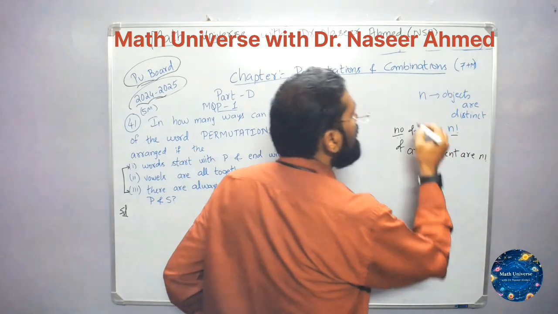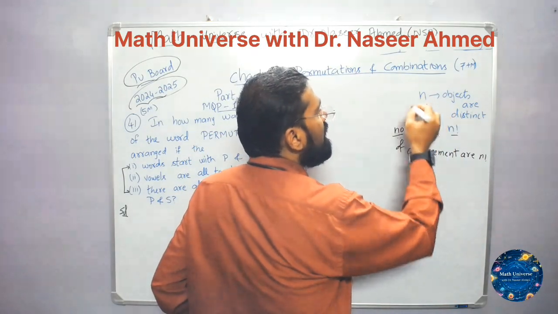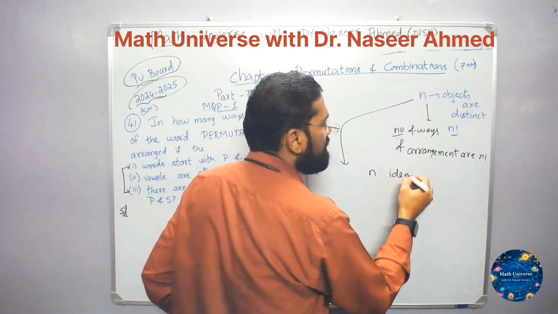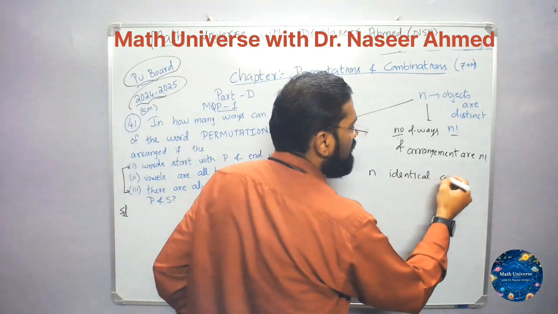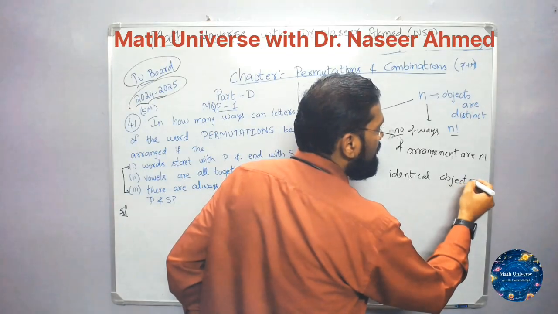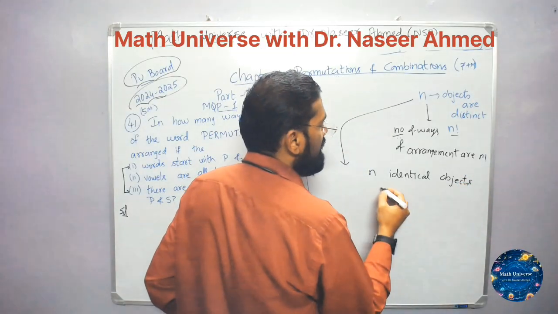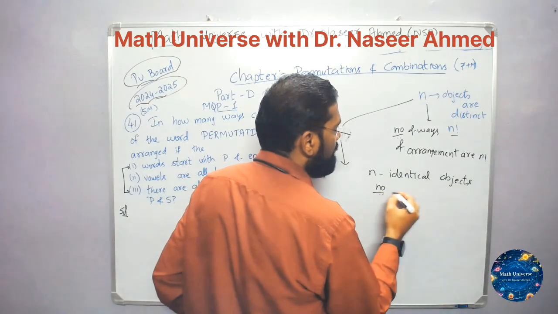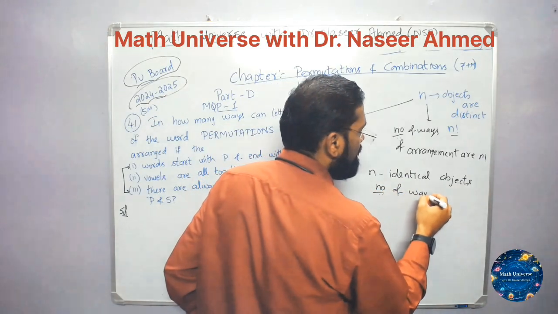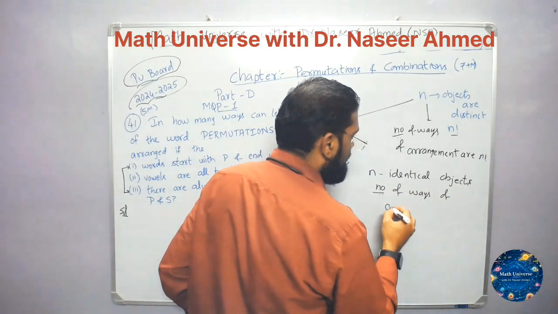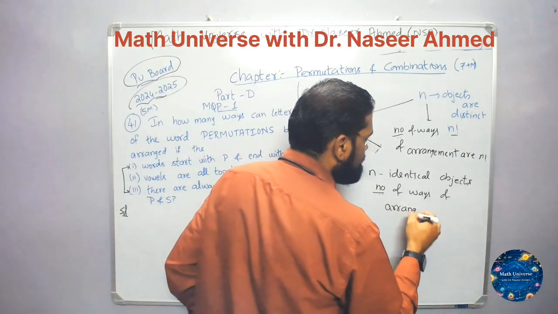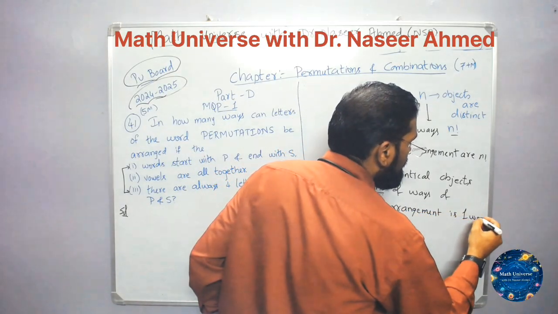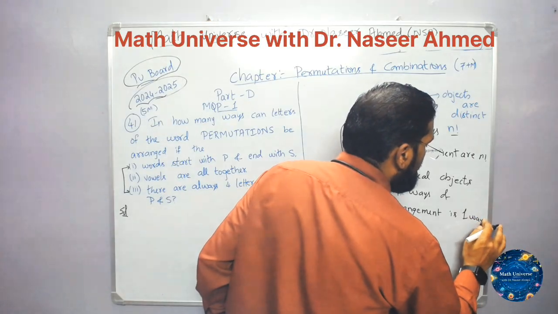This is for distinct. Let us suppose we have n identical objects, then in how many ways can I arrange? It is only one way. Don't forget this, only one way.